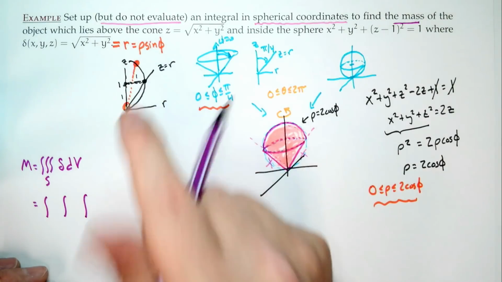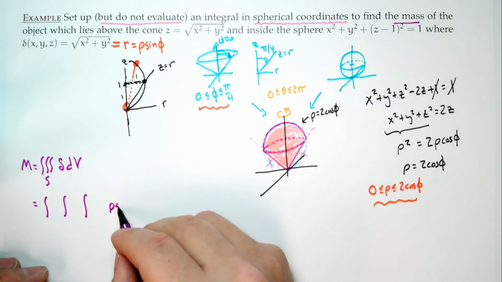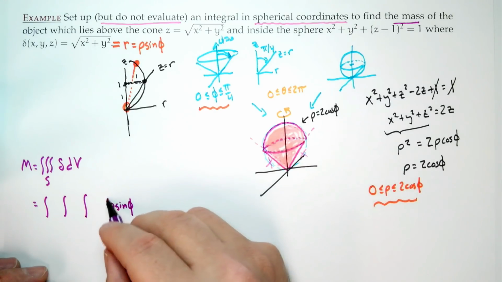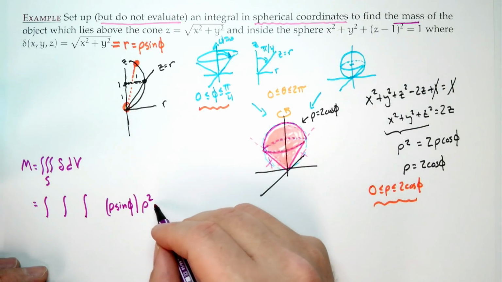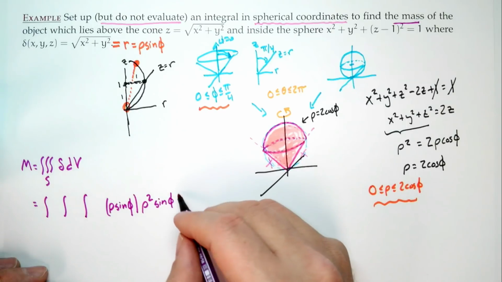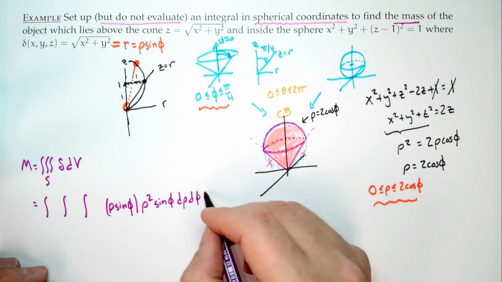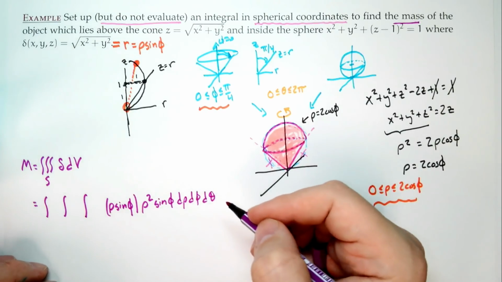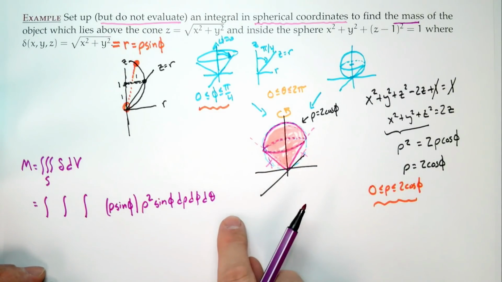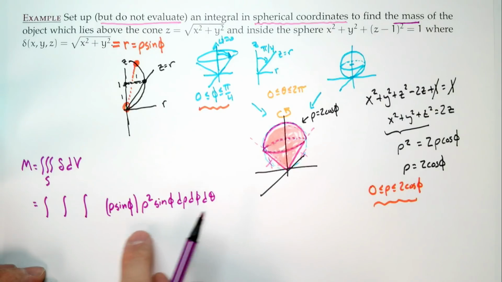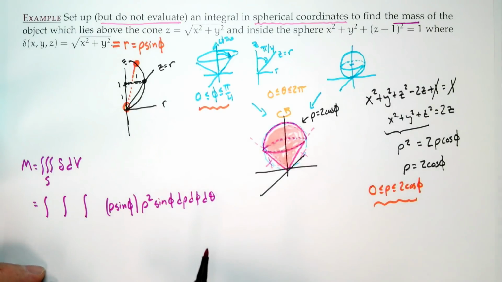Our density is rho sine phi. Our dV is rho sine phi, d rho, d phi, d theta. There you go. If we wanted to do more work, we'd put these together, but we don't need to.